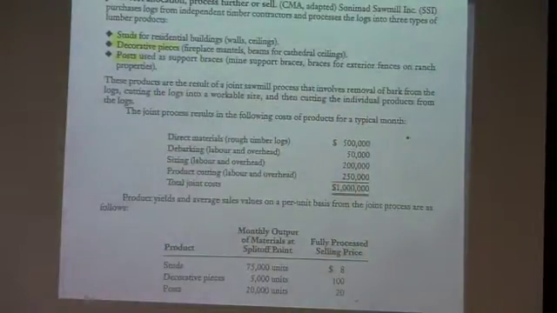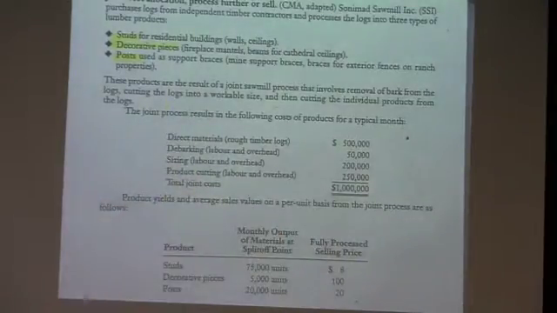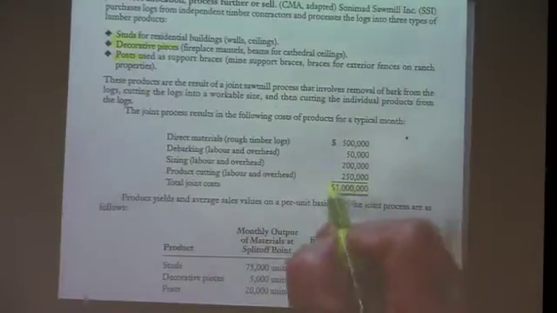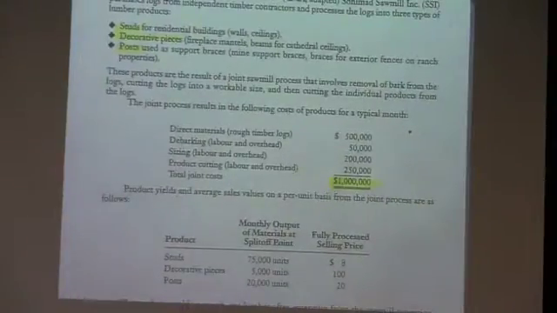These products are the result of a joint sawmill process that involves removal of bark from the logs, cutting the logs into a workable size, and then cutting the individual products from the log. The joint process results in the following cost. It's $1 million of cost. And these are the costs associated with the joint cost.